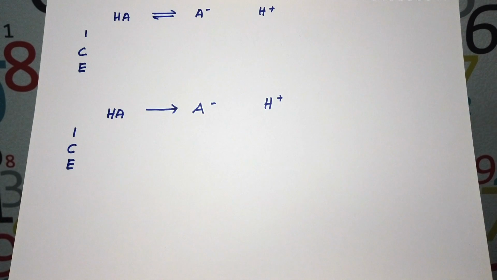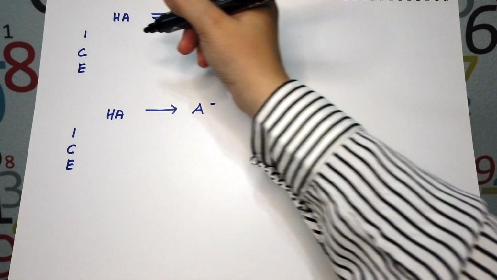For the ICE diagram, you will have two different types: one for the strong acid and the other for the weak acid. The pattern is the same. Assume that the initial concentration of the acid, for both strong and weak acid, is 2.